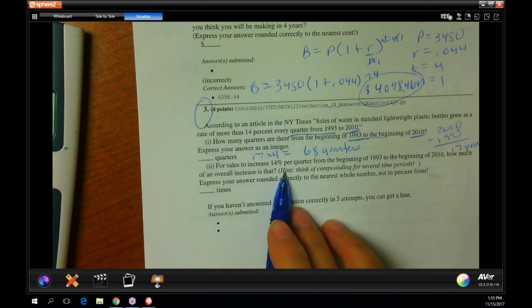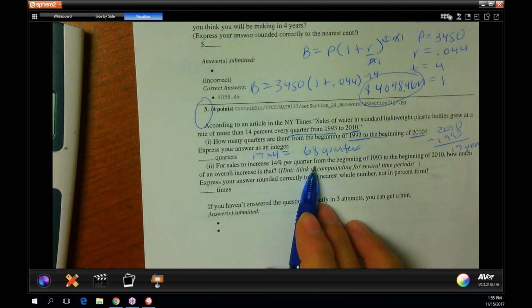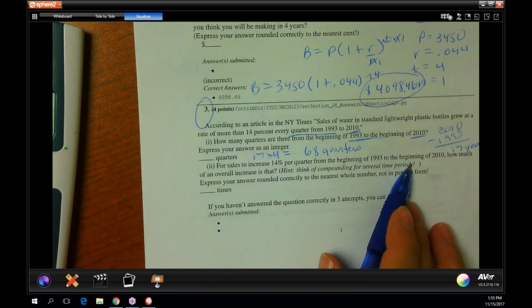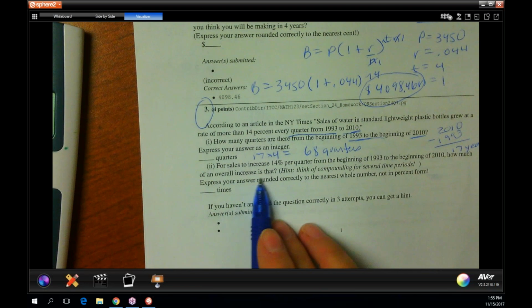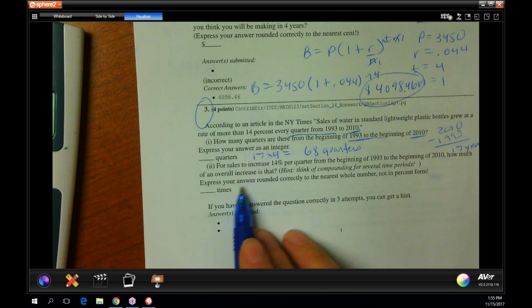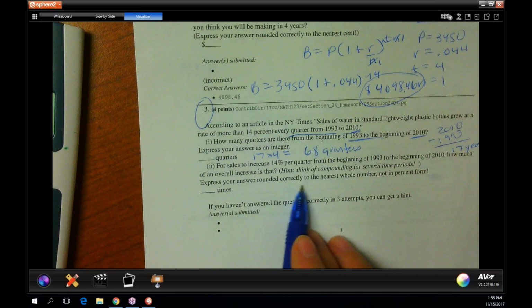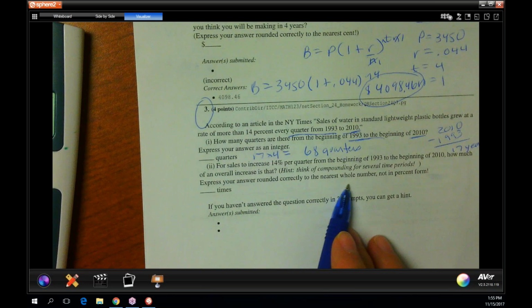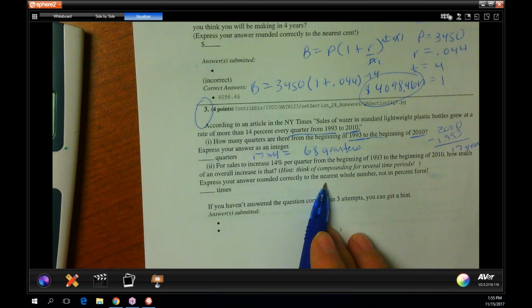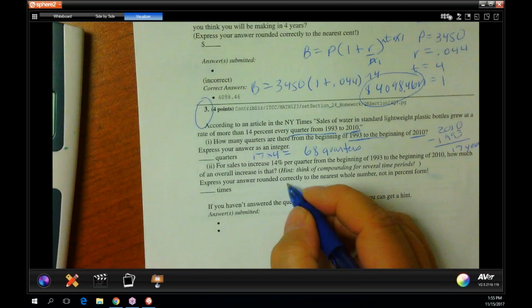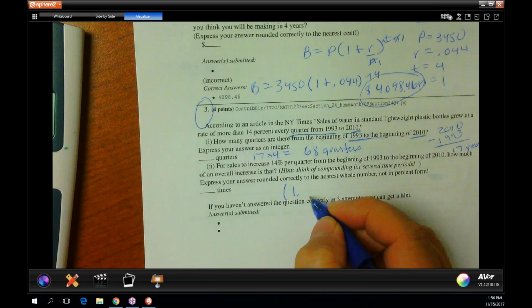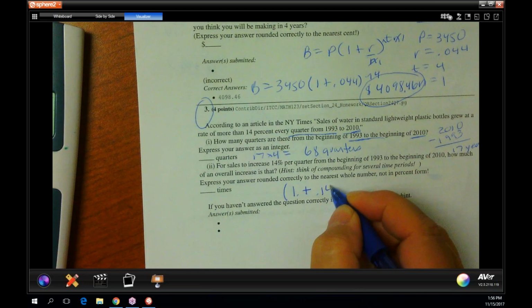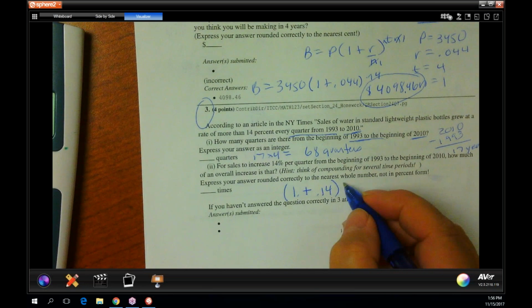For sales to increase 14% per quarter from the beginning of 93 to the beginning of 2010, how much of an overall increase is that? Express your answer rounded correctly to the nearest whole number, not in percent form. Okay? So a 14% increase would be 1 plus 0.14. Okay?